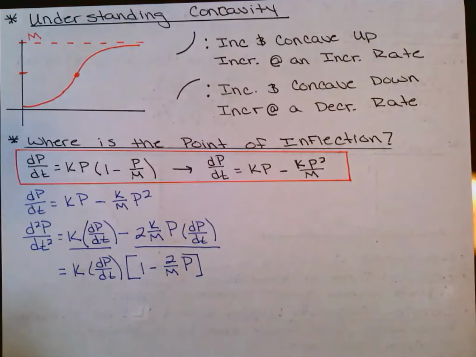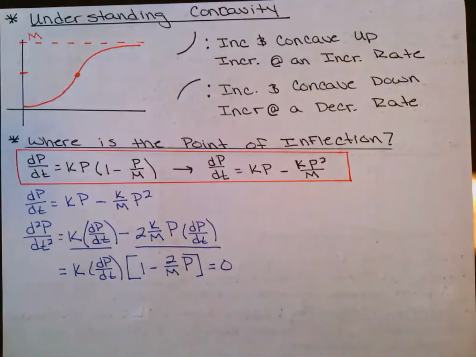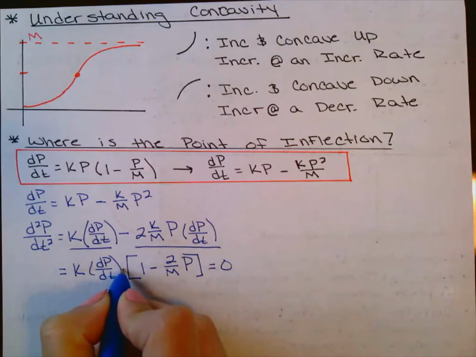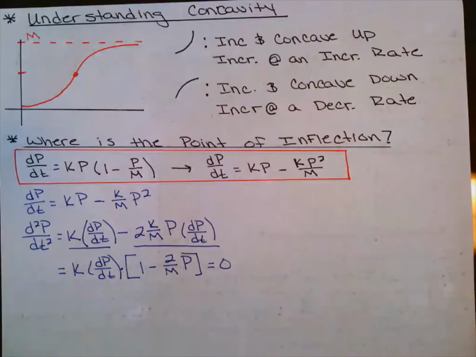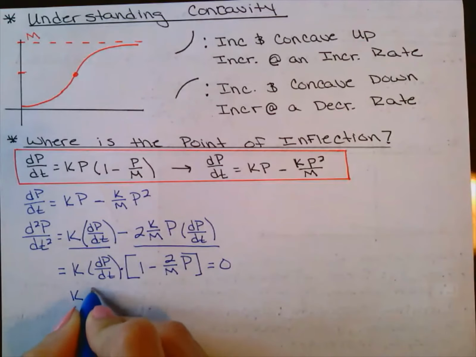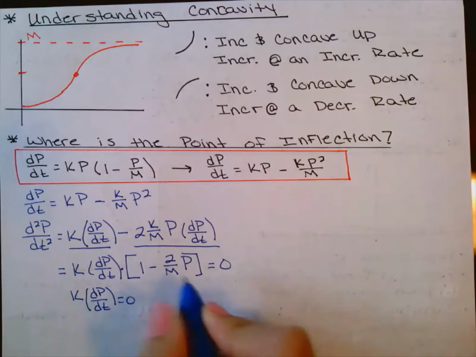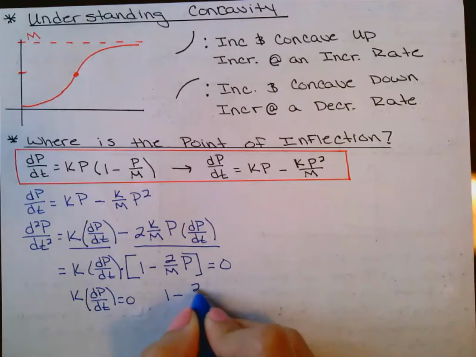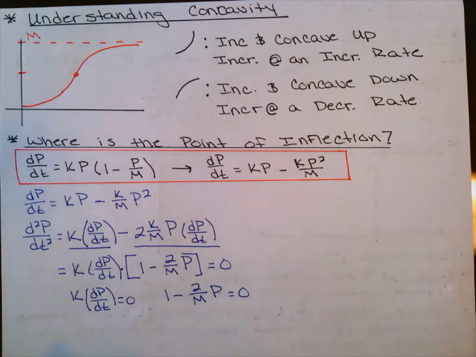Okay? Now, if I want to find points of inflection, I set that second derivative equal to 0. Okay? When I have two things set equal to 0 and they're separated by multiplication, I can set each of them equal to 0. So I'm going to say K dP/dt equals 0, and so does 1 minus 2 over M P. Okay?